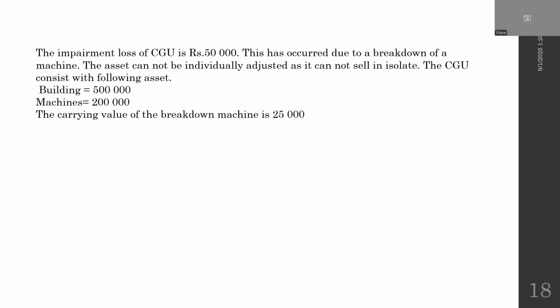When we solve this question, we can directly identify that the machine has a breakdown of 25,000. So firstly, we should deduct that 25,000 from the machine.